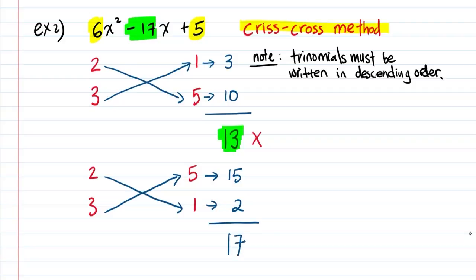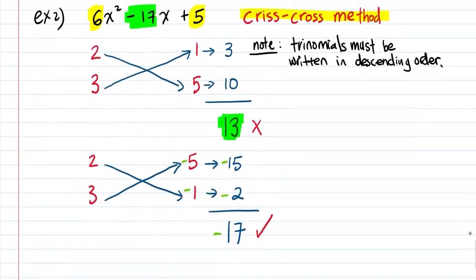The sum has to be negative 17, but we got positive 17. Is there a way we can make the 17 negative 17? Yes. We put the negatives in front of the 5 and 1, and that changes it to negative 15 and negative 2. This makes the sum negative 17, which is the same as the coefficient of the middle term. So we got the correct numbers.